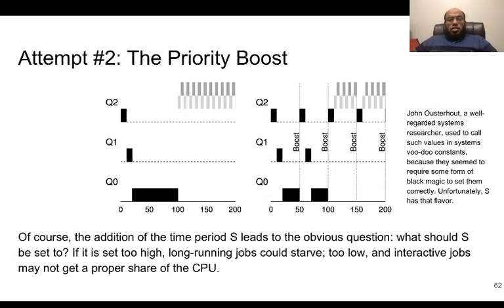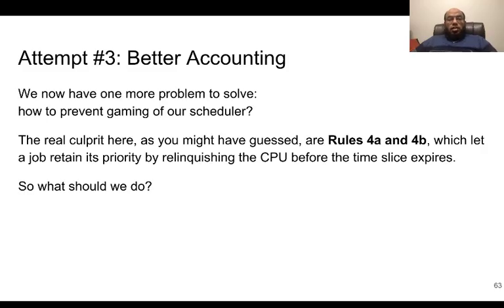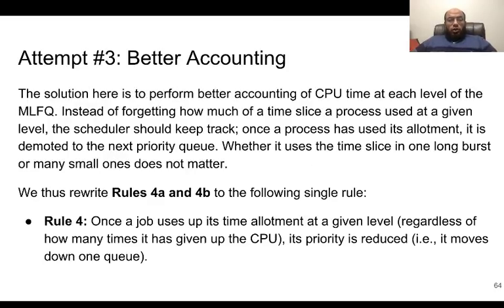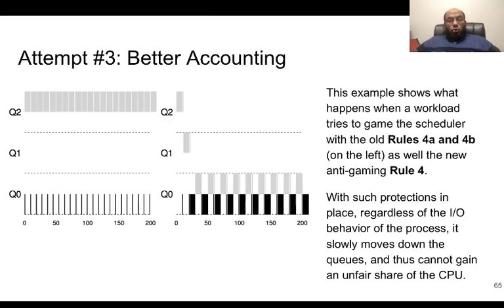So this has been an issue, and thus this third attempt is to fix the rules for A and for B with no boost, no voodoo constants, or anything. And the way to do that is by using better accounting, where rule 4 gets updated to: once a job uses up its time allotment at a given level, regardless of how many times it has given up the CPU, its priority is reduced, i.e., it moves down 1 queue.